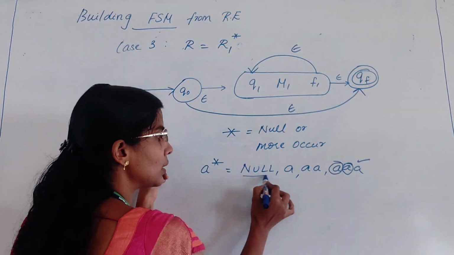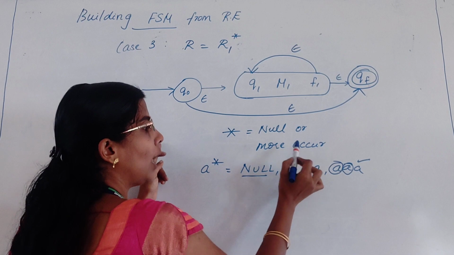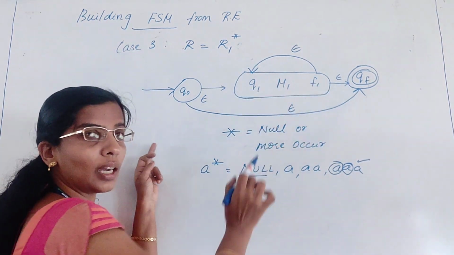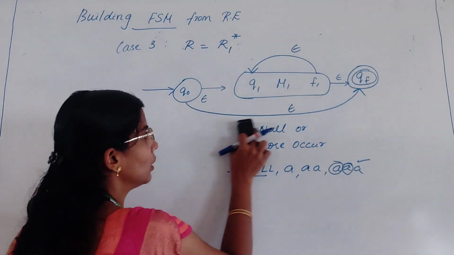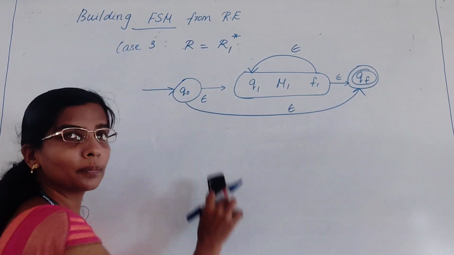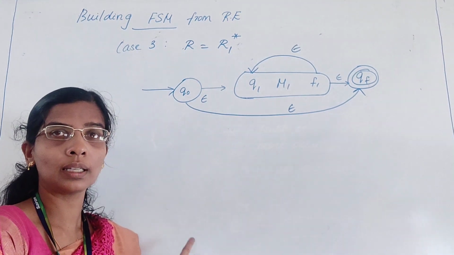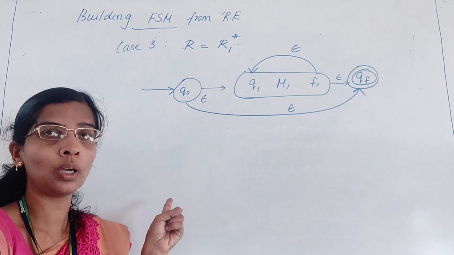Now for this null, directly from start to final, and if you want more occurrence, you come to this machine and start generating. So you have to remember this formula. In the next video we can discuss a sum, how to convert a regular expression to an FSM.